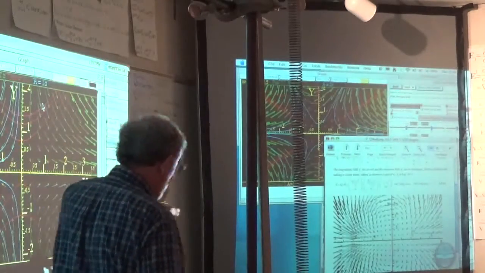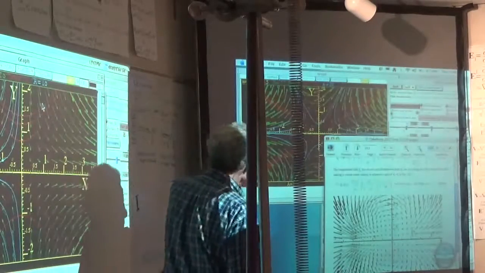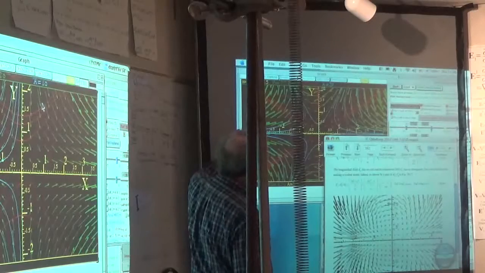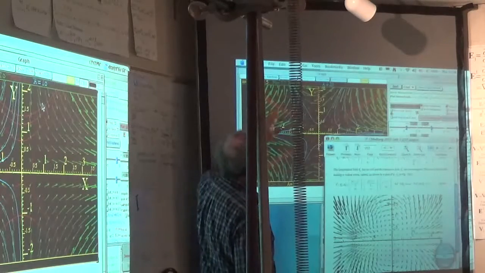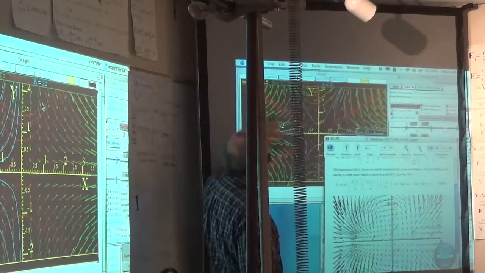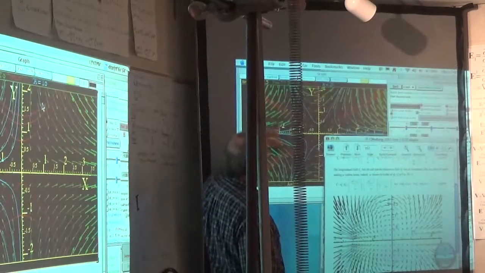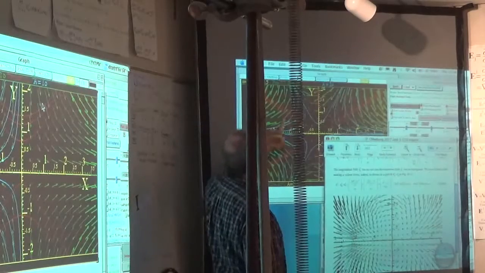For this one, that's not happening. And it seems kind of weird that you would say that there's no curl on this. It looks like if I make a loop here, that the integral around that loop of the projection of these vectors would not be zero, but it is.